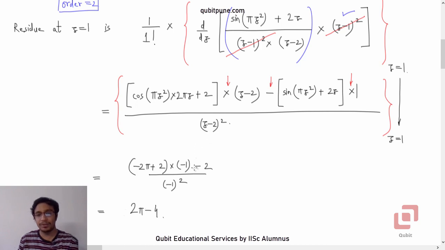In the denominator it is going to be square of minus 1, so plus 1. Okay, now let us simplify this. Minus 2 pi into minus 1 is 2 pi, plus 2 into minus 1 is minus 2, and then again we have got this minus 2 here, and in the denominator we have got 1, so it is 2 pi minus 4. Okay, we have successfully calculated the residues.